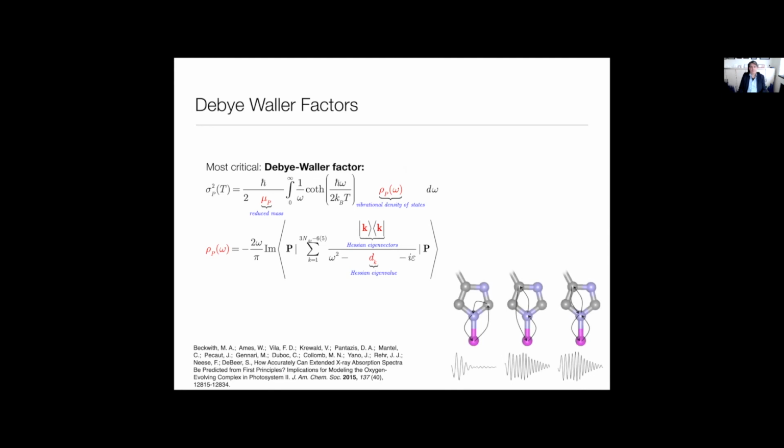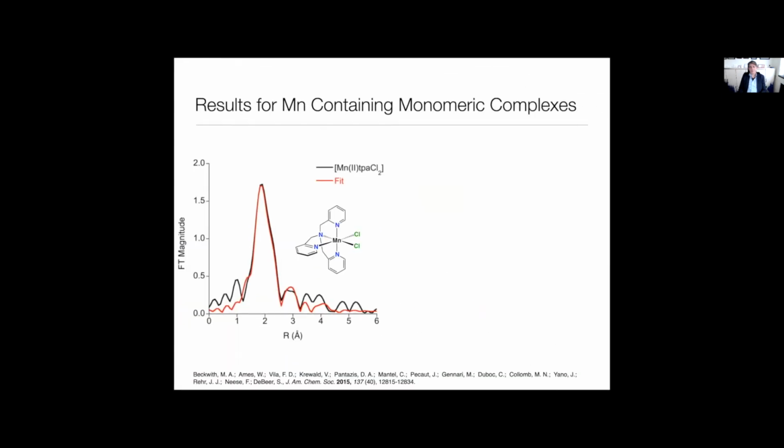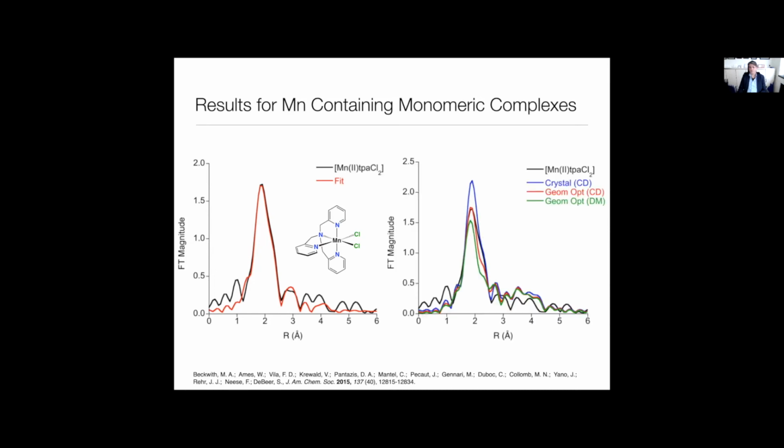And then we tested how well it works when you know the answer. We had a number of manganese complexes, both monomers and dimers, where we knew the structure from high-resolution X-ray crystallography, and we knew the EXAFS, and we also had fitted EXAFS. For the simple monomers, it works quite well.